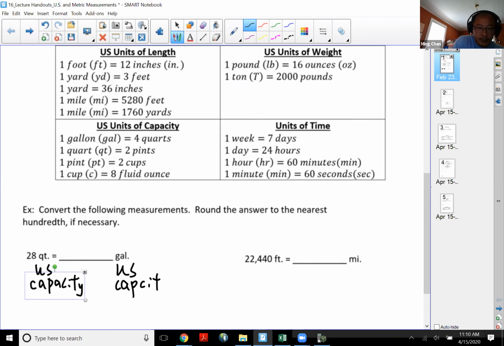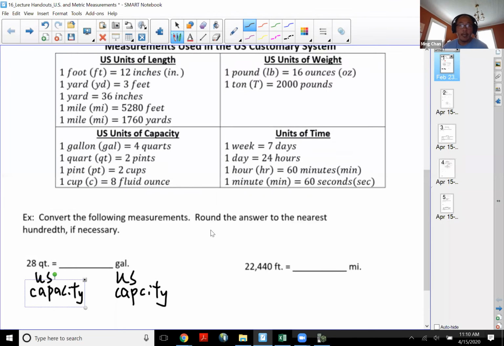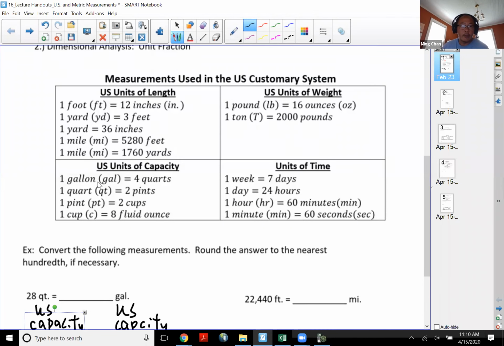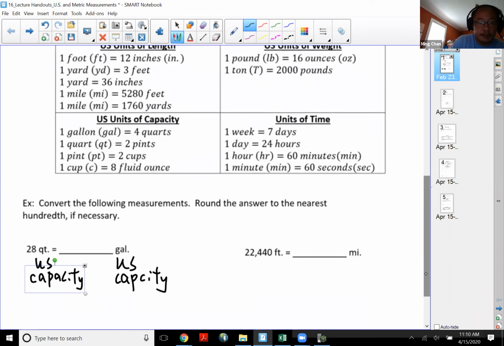I wrote this down so we know where to look. If you know what you're converting, then you know where to look. So the US unit capacity is right here. Do I have anything between quart and gallons? Well, 1 gallon is equal to 4 quarts. So that's the ratio I'm going to use.